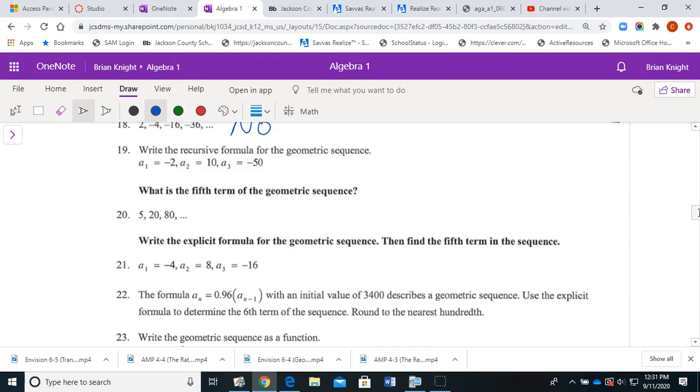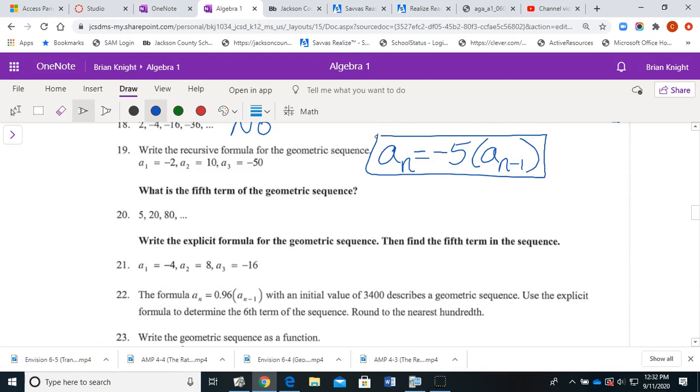Multiplying by -5. Everybody see that? So a sub n is just -5 times the term in front of it. That's it. That's your answer.